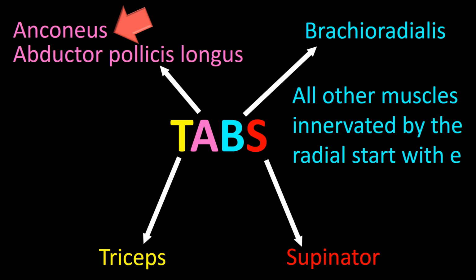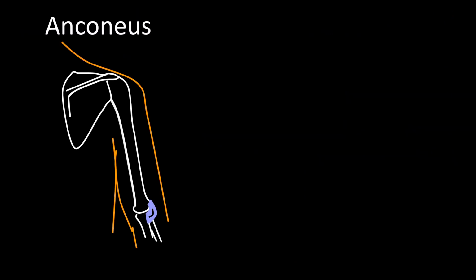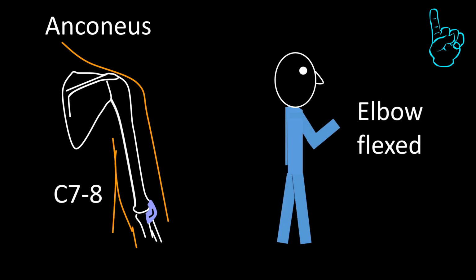Next, we will address the anconeus. The anconeus is a small muscle. It receives fibers from C7 and C8. The anconeus only has 1 action, from elbow flexion position: elbow extension.